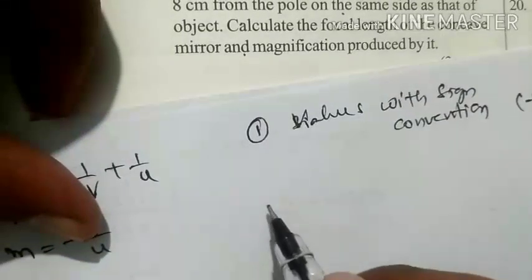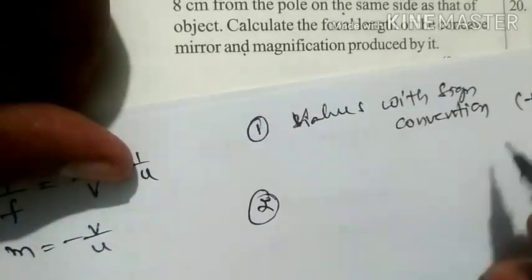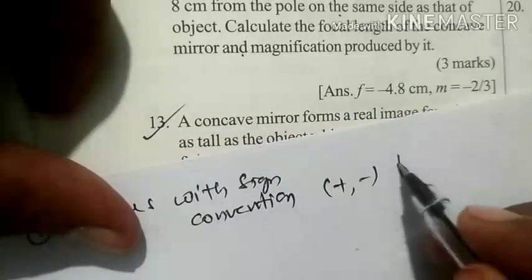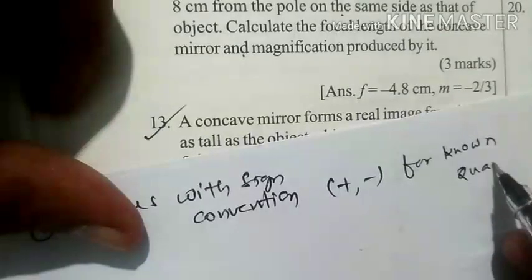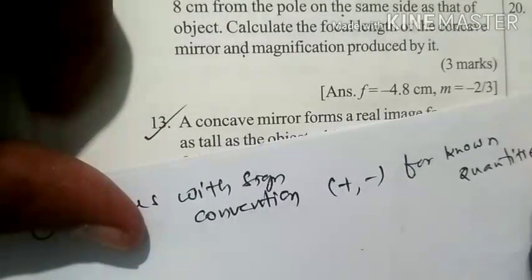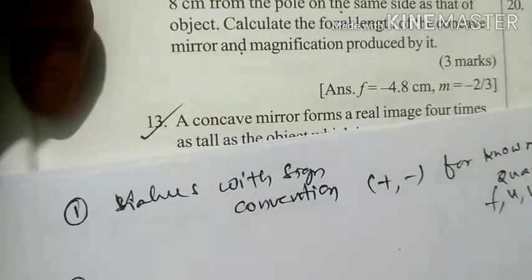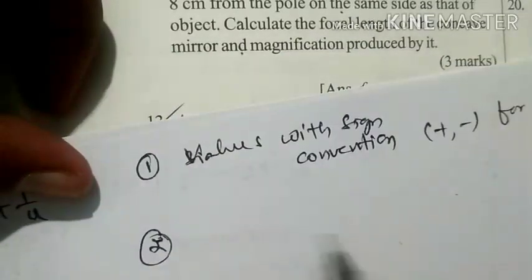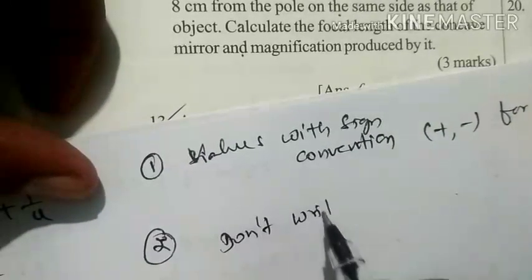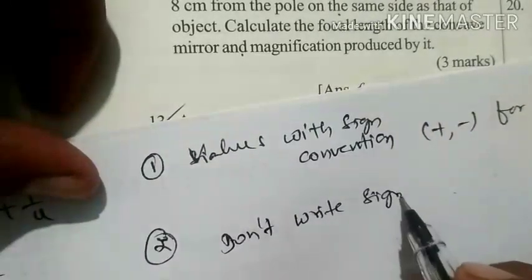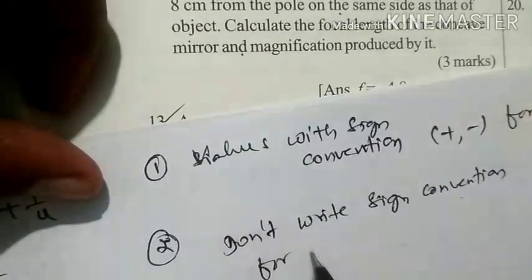So write values with sign convention for known quantities. How many quantities are there here? Three only: focal length, object distance, image distance. For unknown quantities, don't write the sign convention.